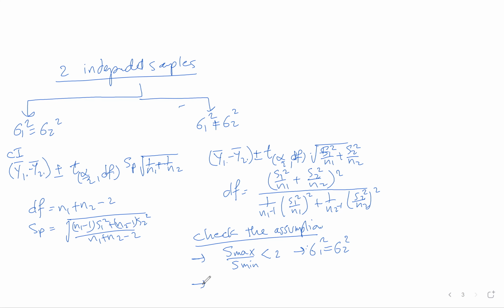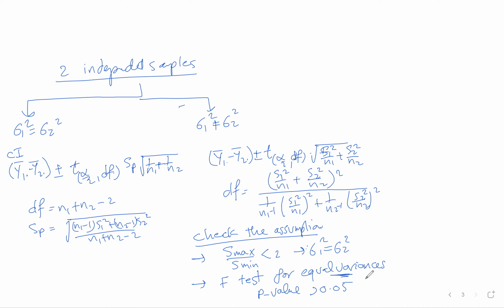Or there is something better than this one: you do the F test for equal variances, and we use R for this test. I assume equal variances if the p-value of this test is greater than 5%.